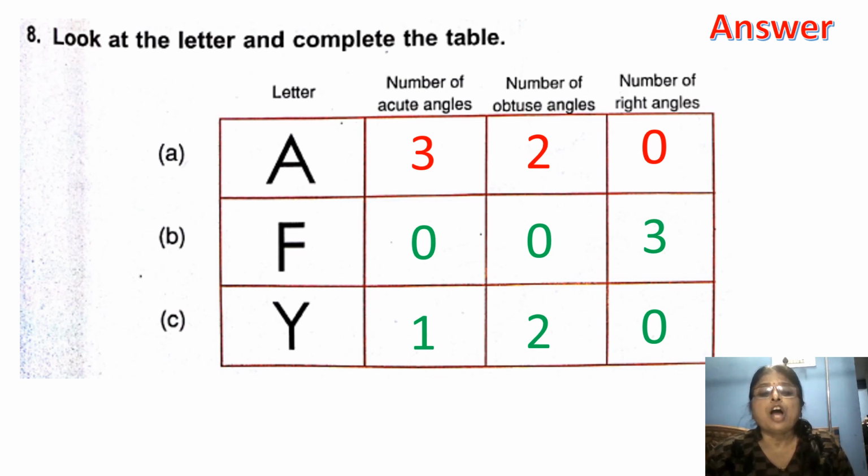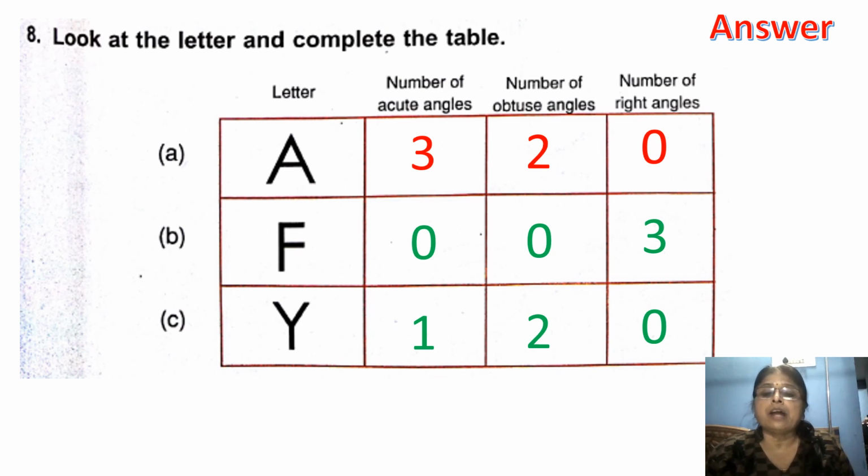Now F, how many acute angles? As you know, F is made up of only straight lines. So no acute angle, no obtuse angle, only 3 right angles: 1, 2, 3 perpendicular lines.